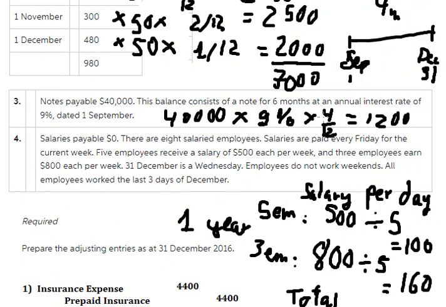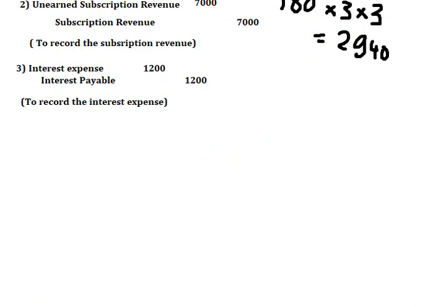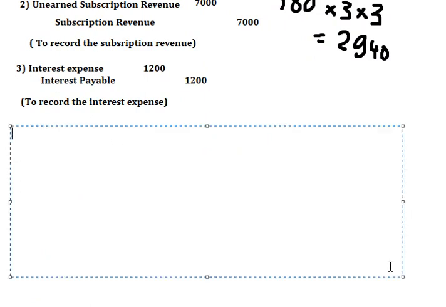And now we need to record salary and wage expense and salaries and wage payable. So that is about 2,940.